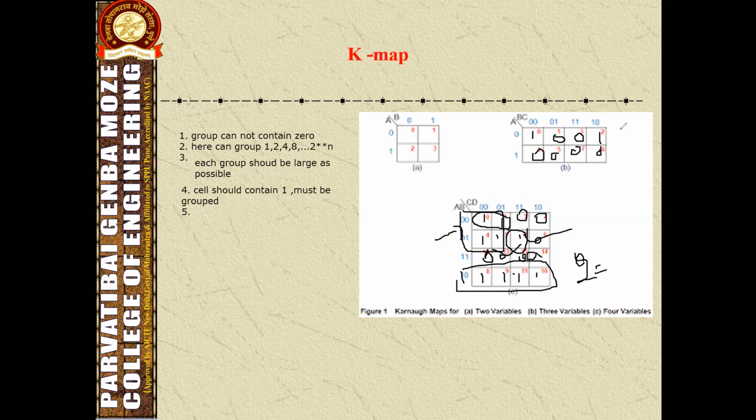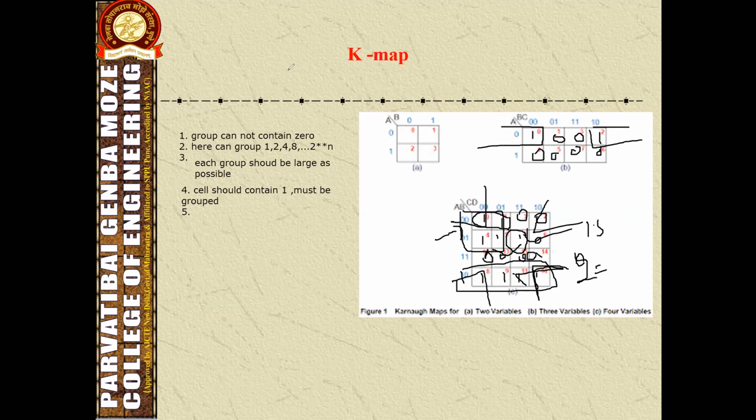In that condition, there is another rule: opposite grouping and corner grouping is allowed here. So we can group like this. We can consider these 4 corners and say these are grouped as 4 ones.